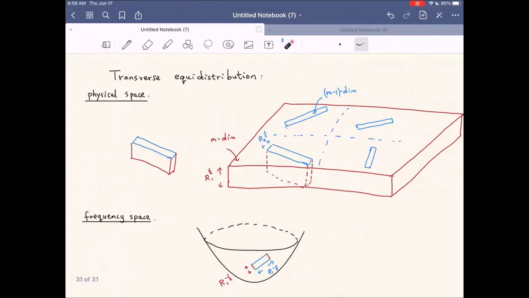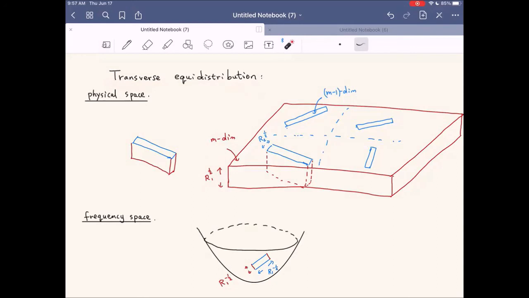And then on the last page, I will discuss one additional idea that we need in polynomial partitioning in restriction theory in higher dimension. That is the transverse equidistribution property. This transverse equidistribution property is a fancy way of saying uncertainty principle.